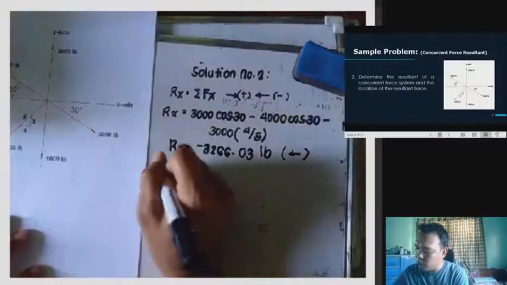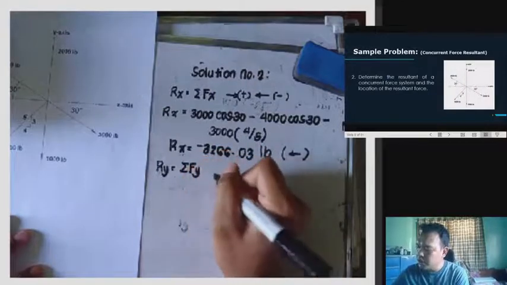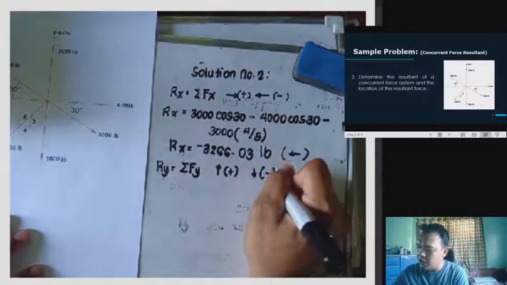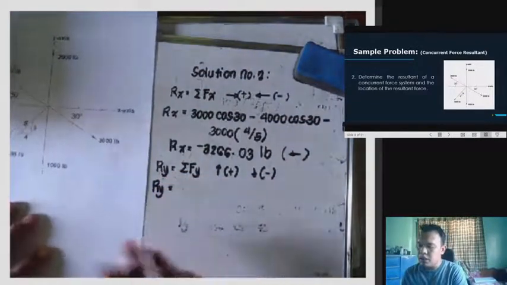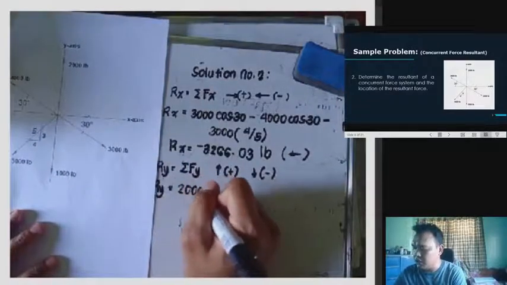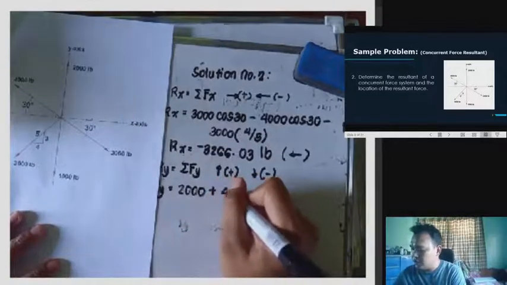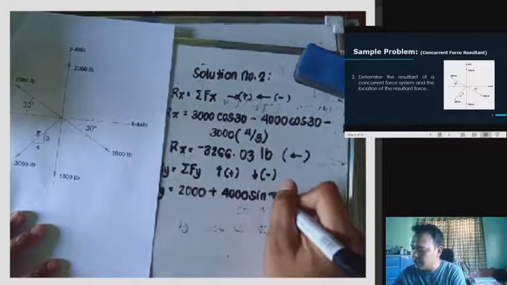So we have here Ry, which is equivalent to summation of forces y. So up is positive tayo, down is negative tayo. So Ry is equivalent to yung up, which is 2,000. Then another 4,000 plus 4,000 sine 30.